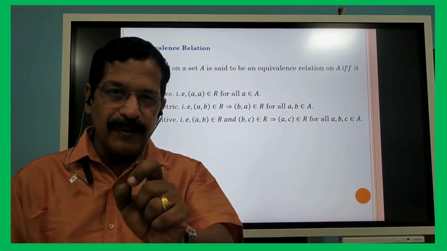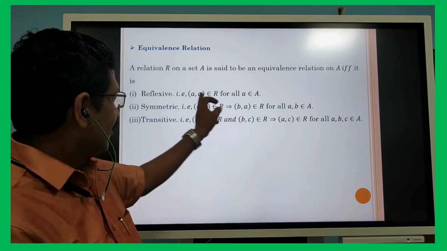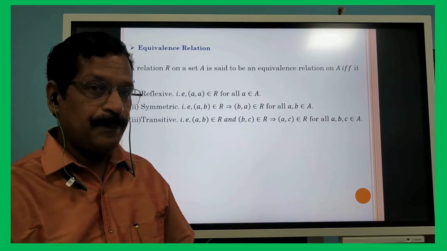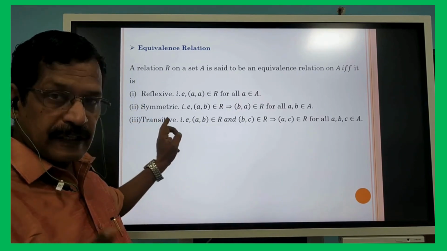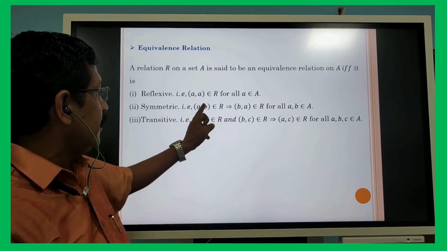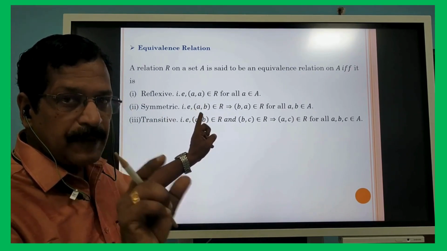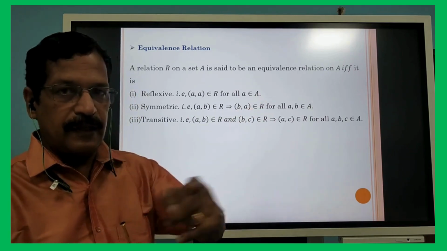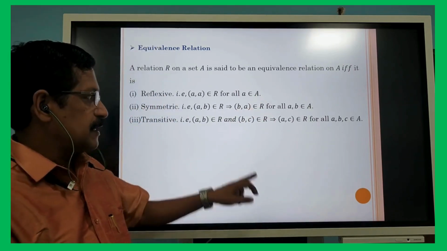That is, every element of A is related to itself: ordered pair (a, a) element of R for all a in A. Second condition is symmetric. That is, (a, b) element of R implies (b, a) element of R, for all a and b in the set A.